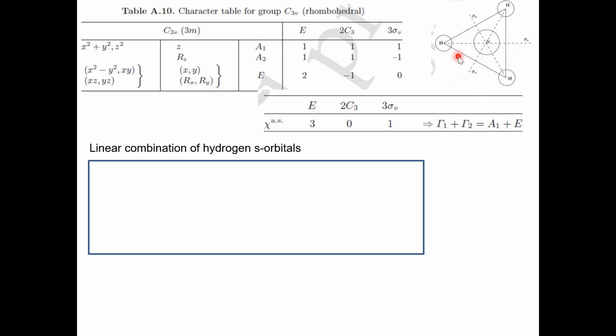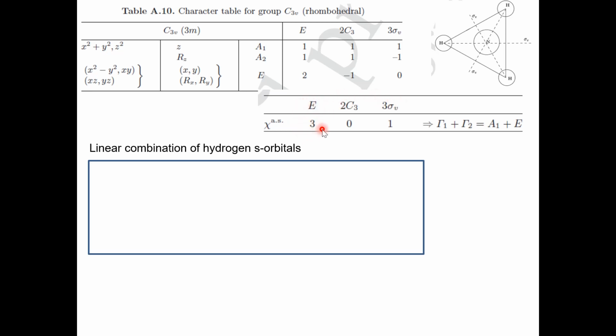If you ignore the nitrogen for a while and consider only the hydrogen atoms, then for the chi atomic site characters, you remember you have to count how many atoms remain unchanged when you apply the different symmetry operations.